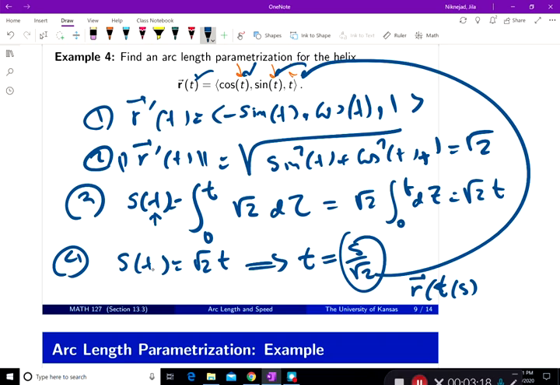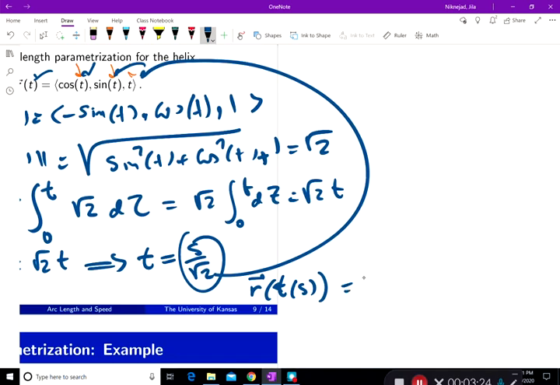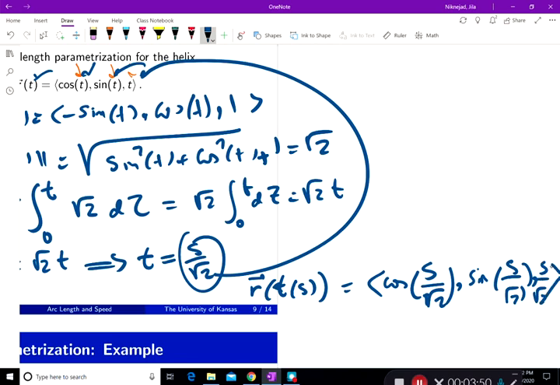See, it's s of t, then it becomes t as a function of s, which is equal to cosine of s over square root of 2, sine of s over square root of 2, and s over square root of 2.